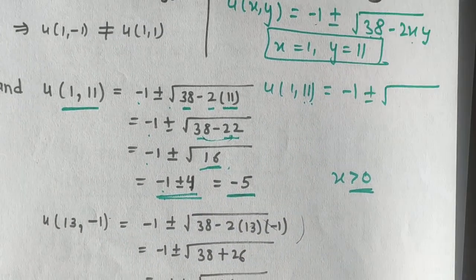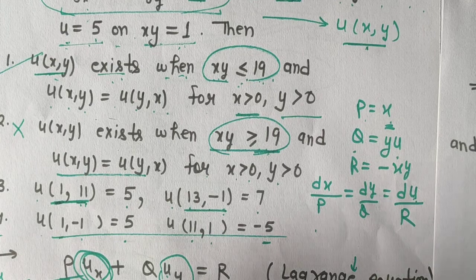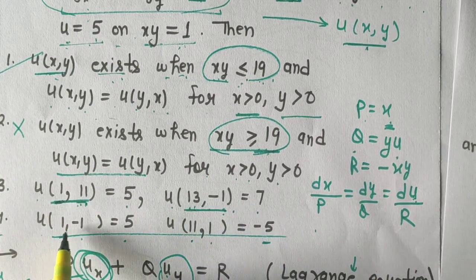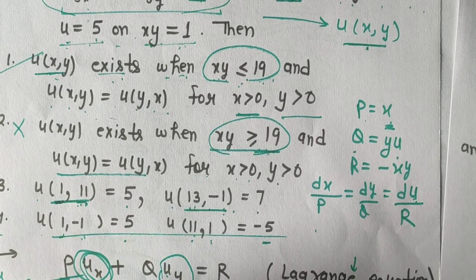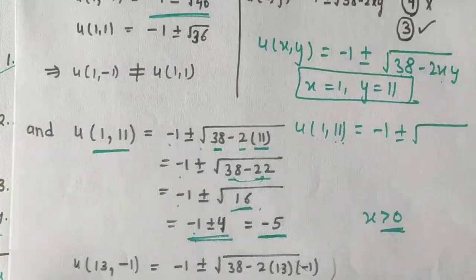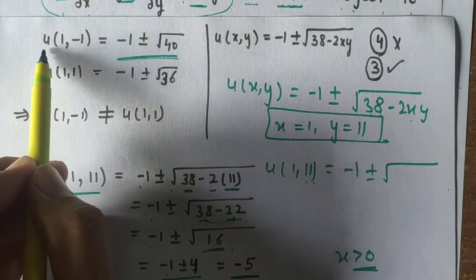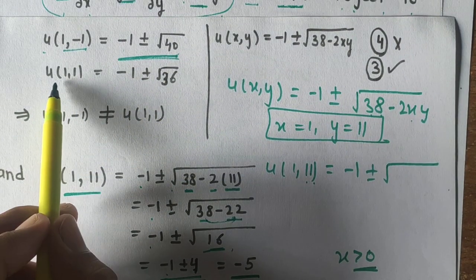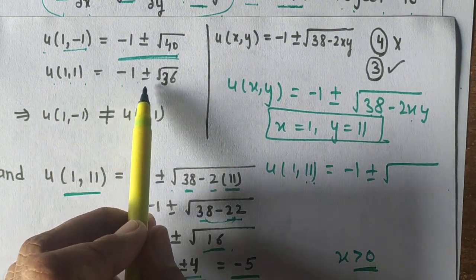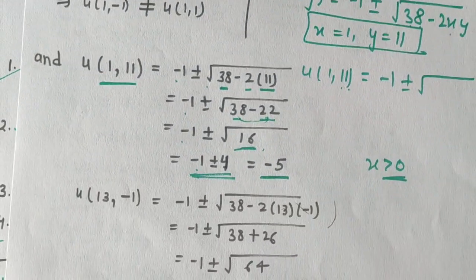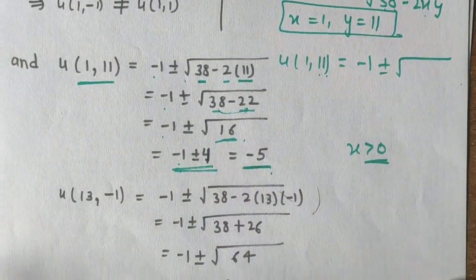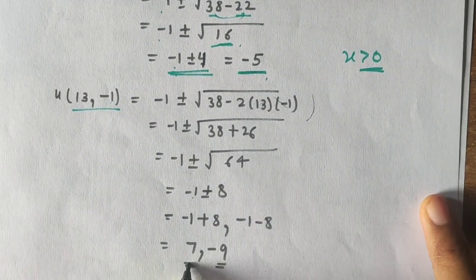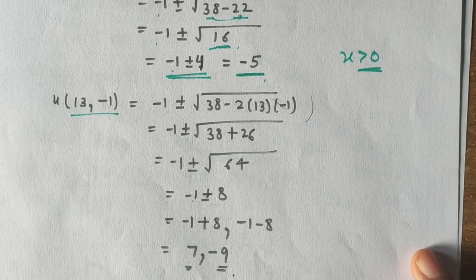Similarly, calculate all the values at 1 comma 11, 13 comma minus 1, 1 comma minus 1 and 11 comma minus 1. All four values are calculated. Here the value at 1 comma minus 1 is minus 1 plus minus square root of 40, at 1 comma 1 it is minus 1 plus minus square root of 36, at 1 comma 11 it is minus 5, and at 13 comma minus 1 it is 7 and minus 9.